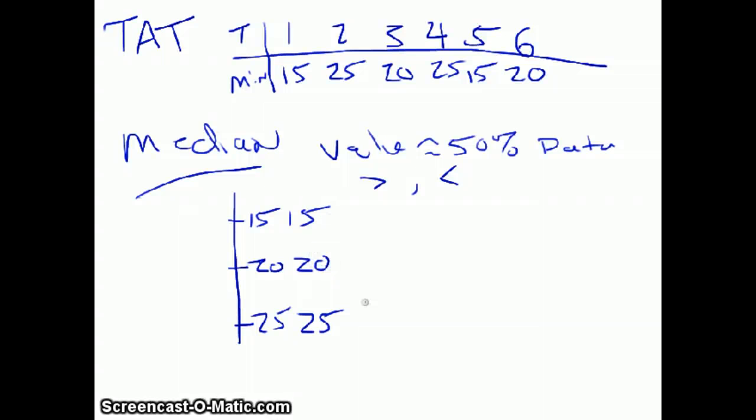So there are 6 values, so we can count down 3. The median is equal to 20. All right, so that's pretty simple.